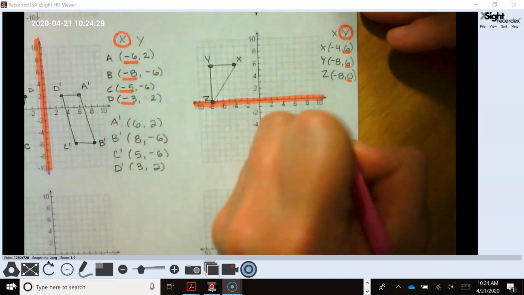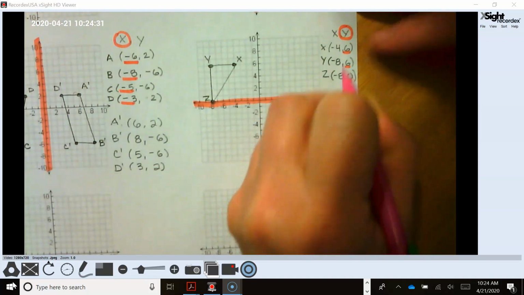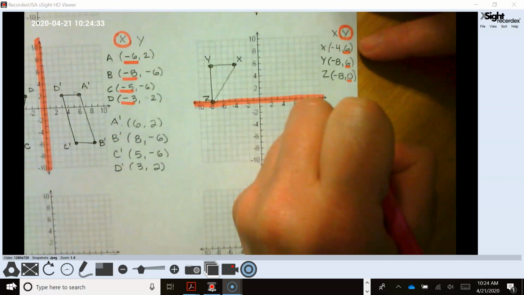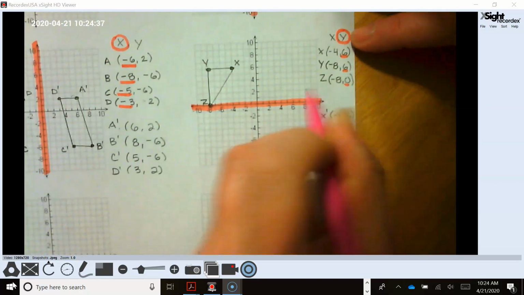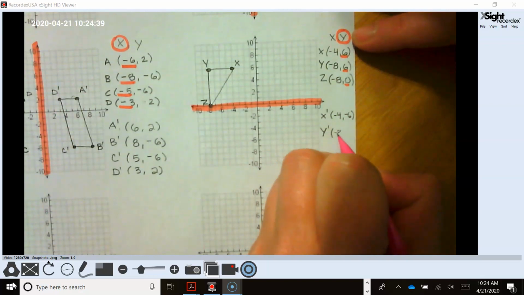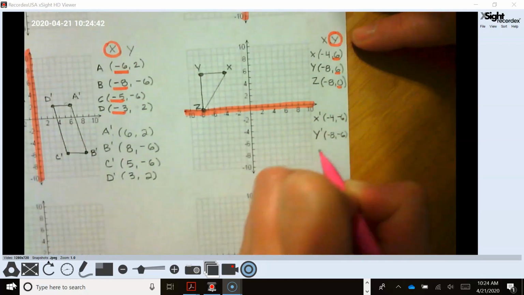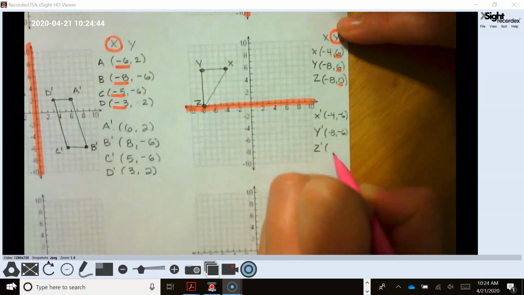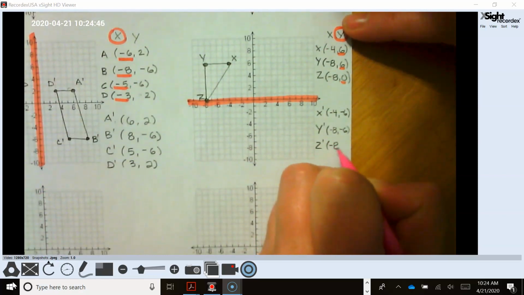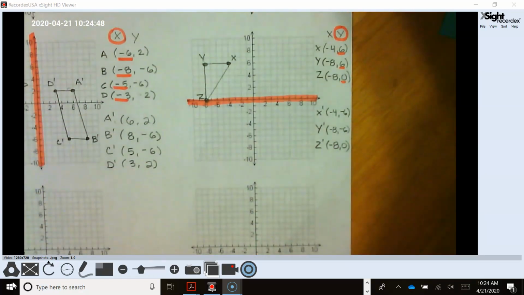So when we find the location of X prime, it's -4, -6. Y prime will live at -8, -6. And Z prime will live at -8, 0.